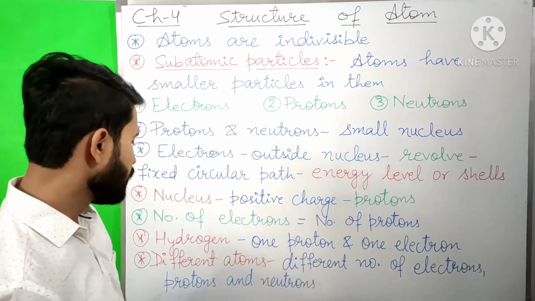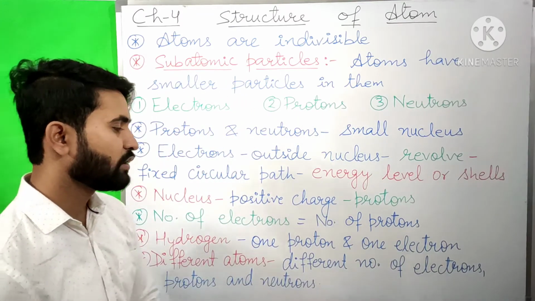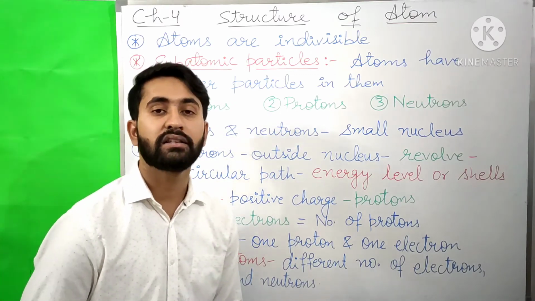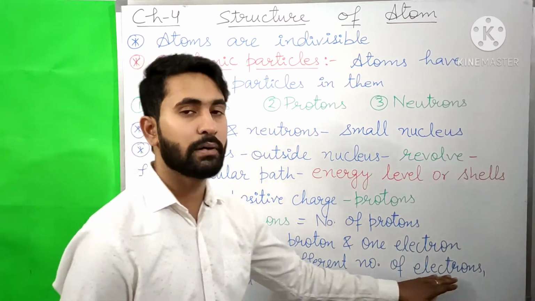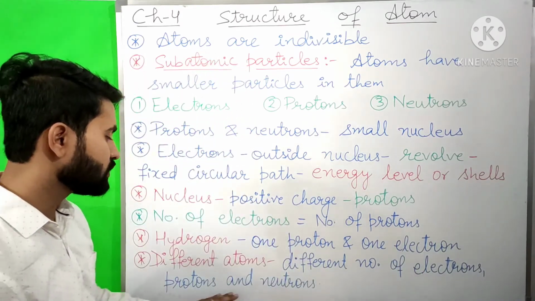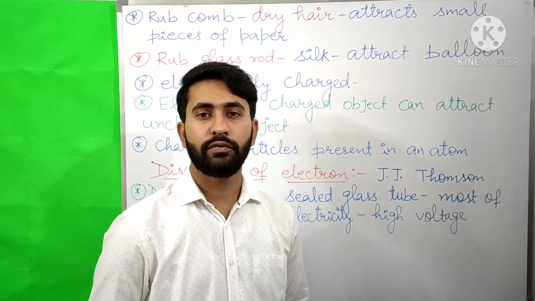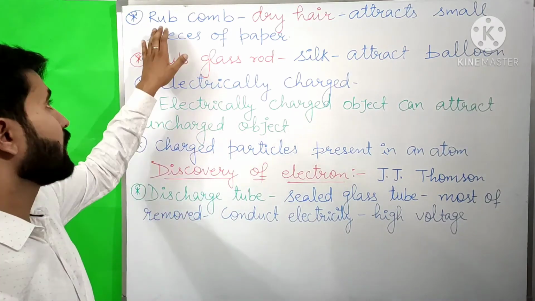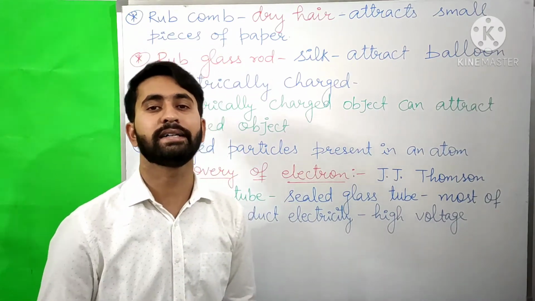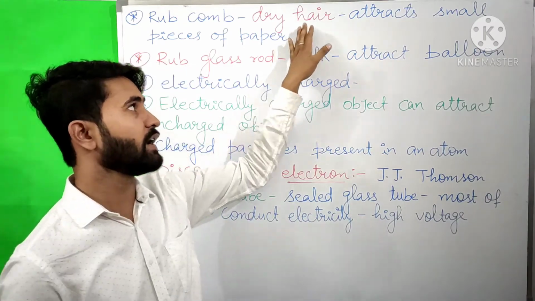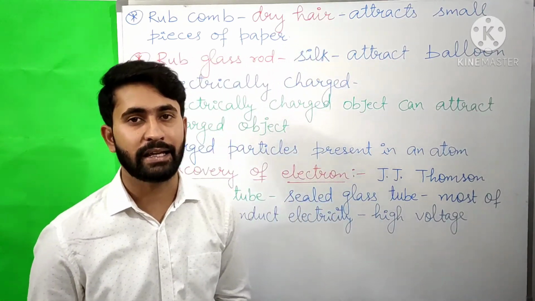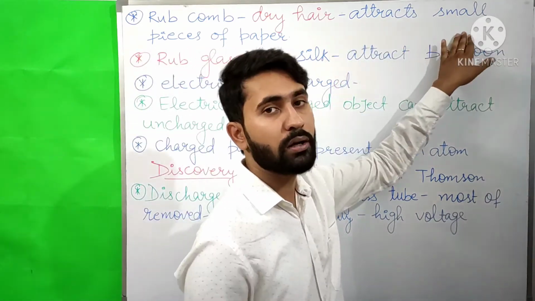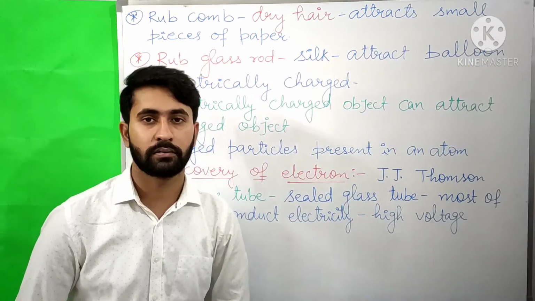The atoms of different elements have different numbers of electrons, protons and neutrons. All of you might have observed that if we rub a comb or a scale on dry hair, then the comb starts attracting small pieces of paper.